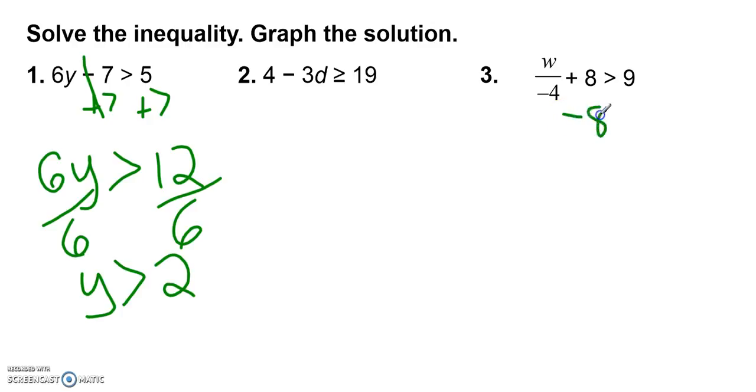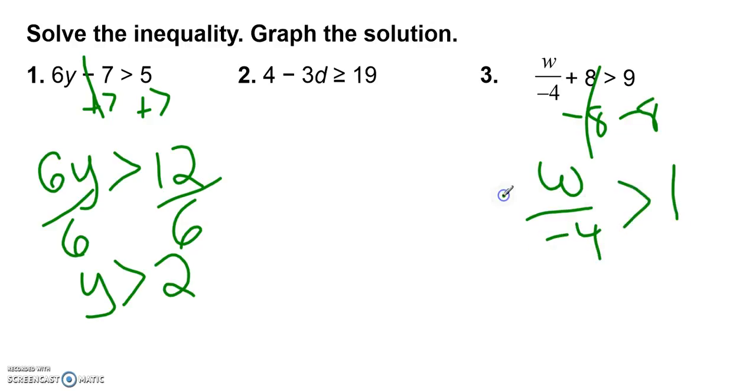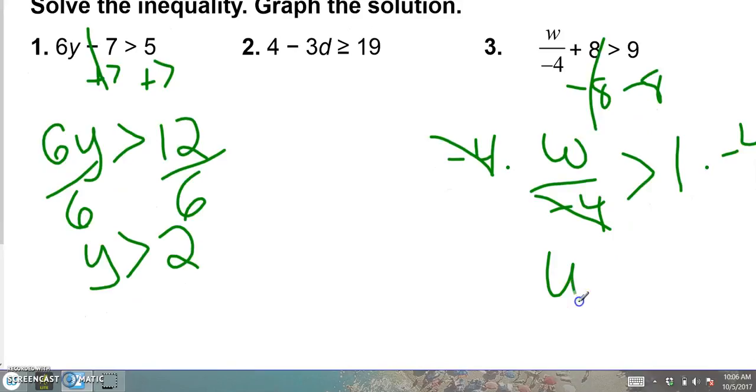So subtract 8, that gets rid of it. So we have w over -4 is greater than 1. Then I'm going to multiply by -4 to get rid of it. Then I have to do it over here. So then I get w, and then switch signs because I multiplied by a negative, and so that is going to be less than -4.